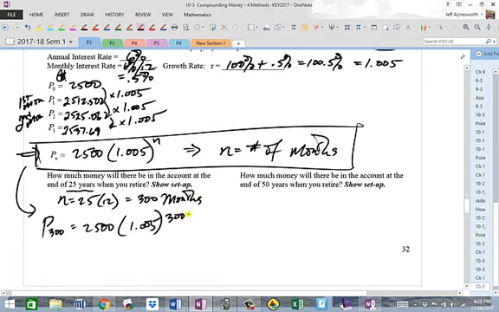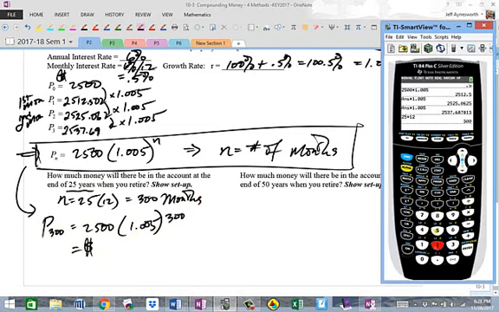So let's figure out what that is. So you're going to take 2,500 times your growth rate, raise it to the 300 power, okay, and you get 11,000. No, that's not right because I didn't enter in the right number there.